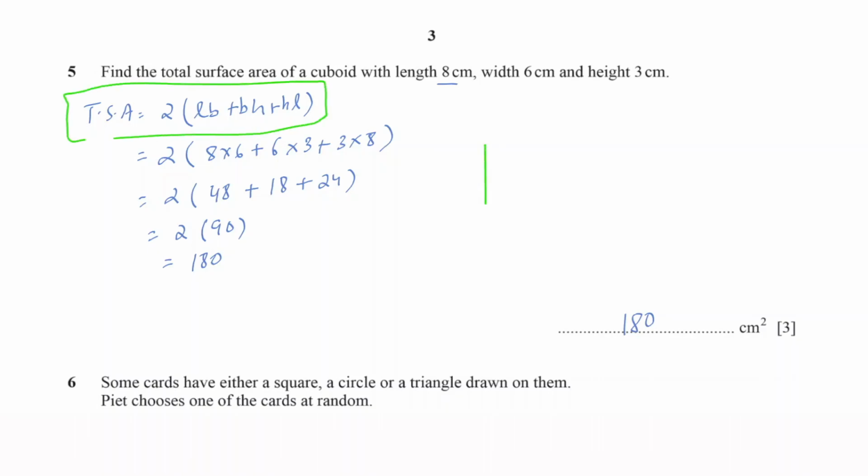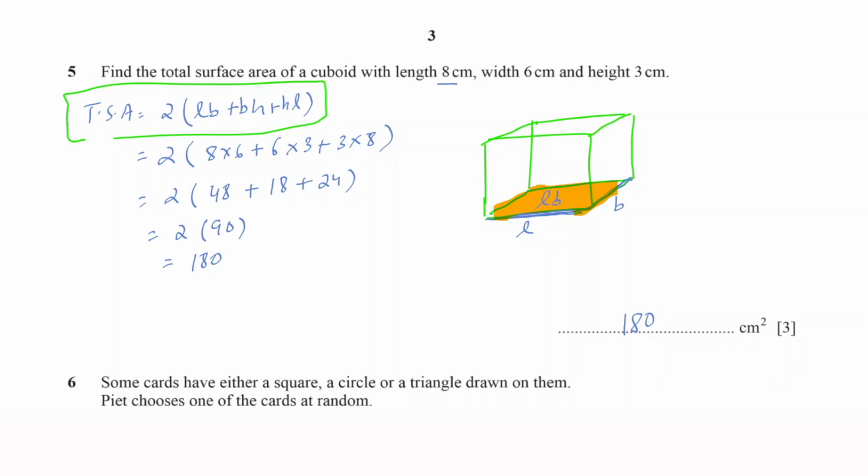See, this is a cuboid, right? This is the length, and this is the width or breadth, as we call it. If I want to find the area of this part, I have to use the formula length into breadth.